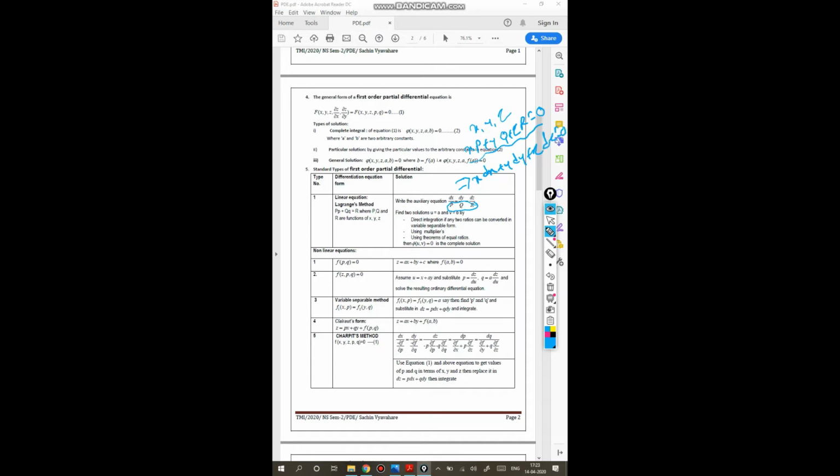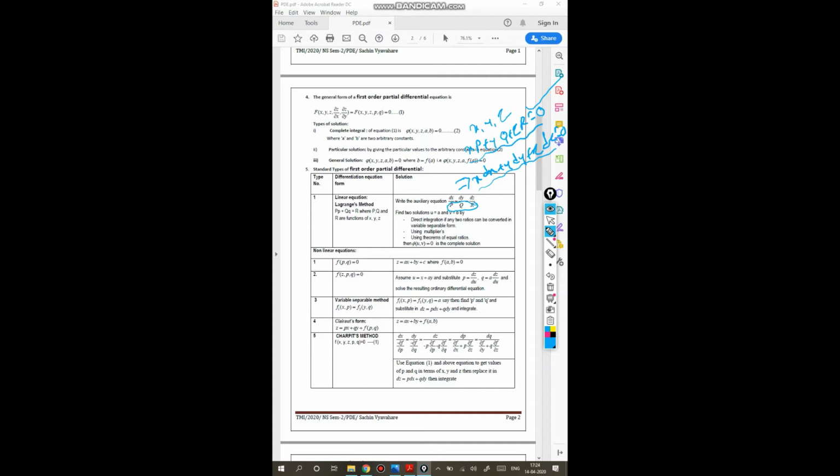We have selected xyz as multiplier so that the sum of the denominators is 0. Multipliers can be different; you have to find them by hit and trial, by observation. Once xP plus yQ plus zR is 0, automatically the sum of the numerators, x dx plus y dy plus z dz, is 0.